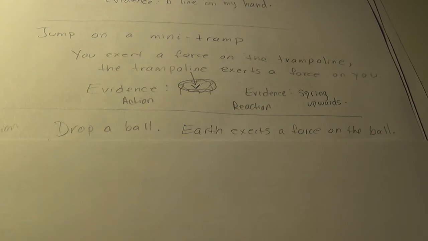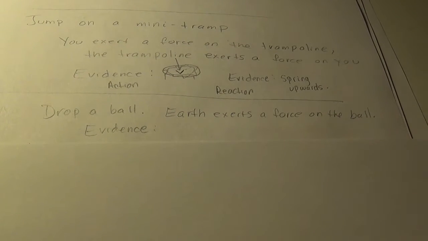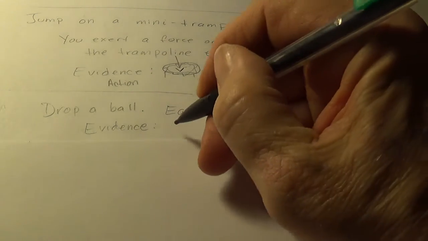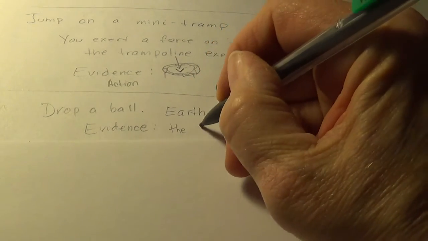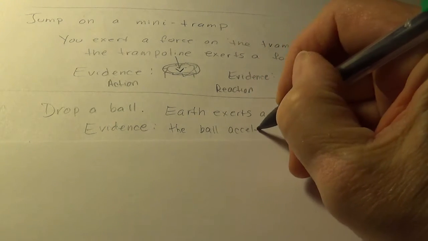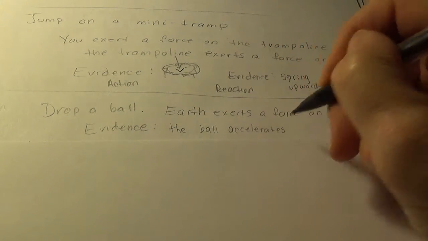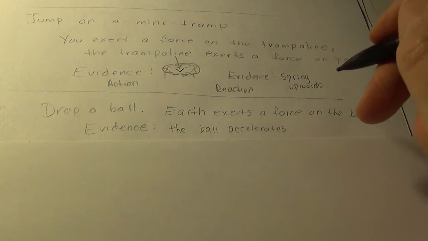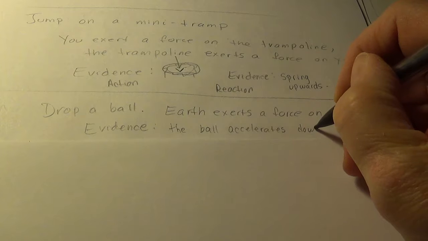If I drop a ball, the earth exerts a force on the ball. And what is the evidence that gravity has exerted a force on the ball? The ball accelerates. It moves downward more quickly every second.